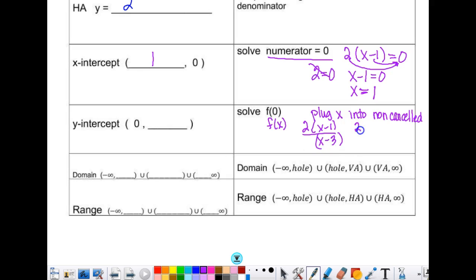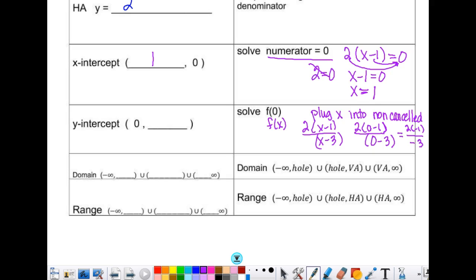We're going to put a 0 in every time there's an x. Once again, some of these are easier to do than others. This 2 is just kind of messing us up a little bit. So we get 2 times negative 1 over negative 3, right?